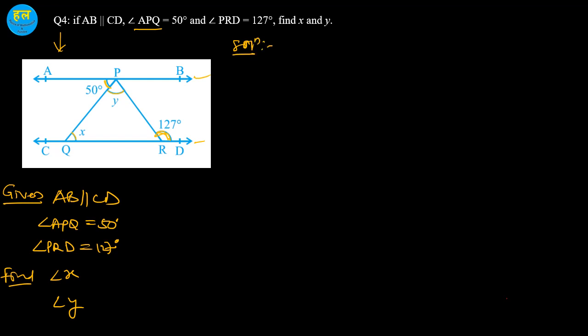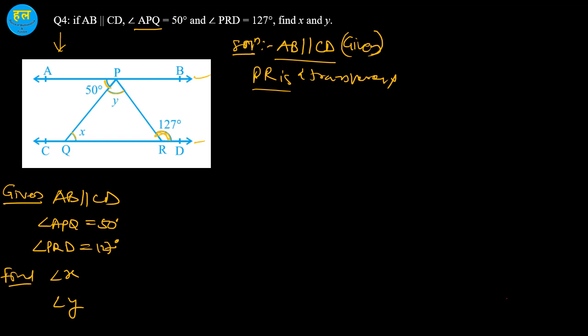Solution. It is given that AB is parallel to CD. Since they are parallel and PR is a transversal which is passing through AB and CD, therefore the alternate angles of this transversal will be equal, which means angle APR will be equal to angle PRD.